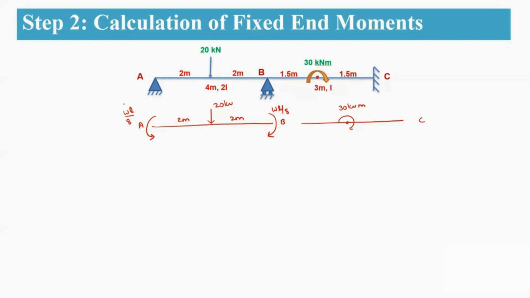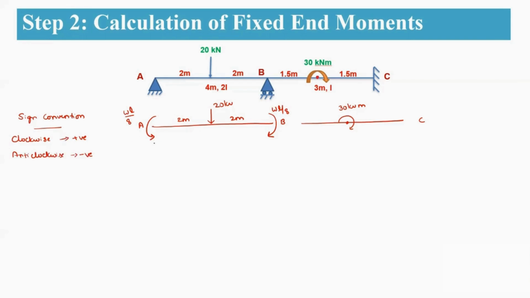If it is unsymmetric, the formula is going to change. So in this method, you are going to take the sign convention: clockwise moments you are going to take as positive, whereas anti-clockwise moments you are going to take as negative.